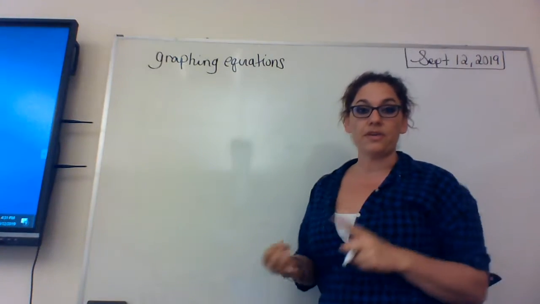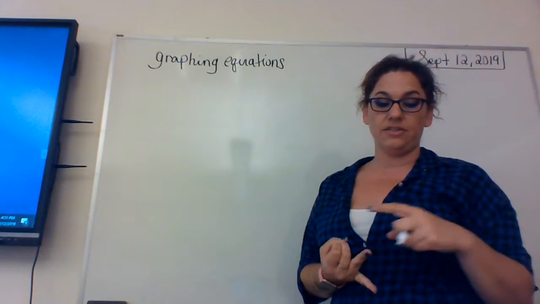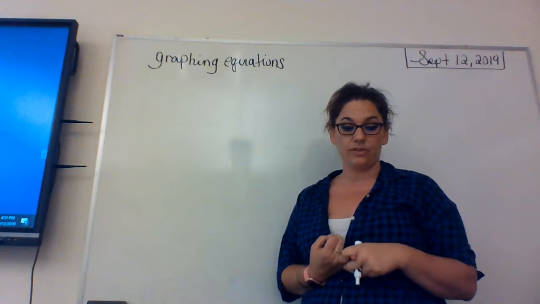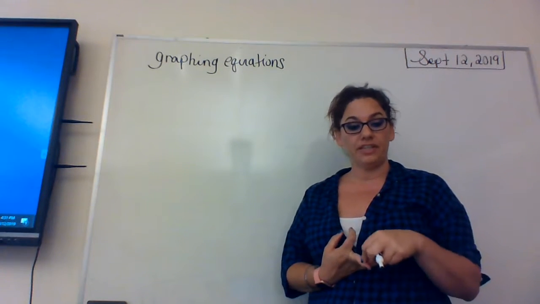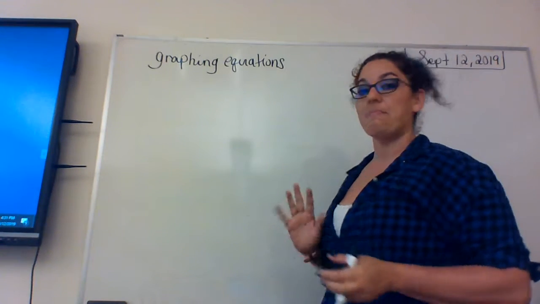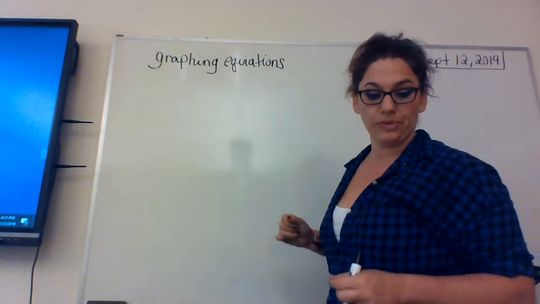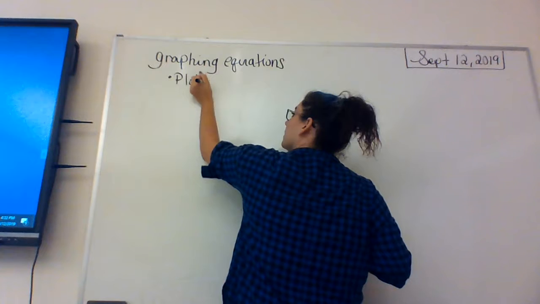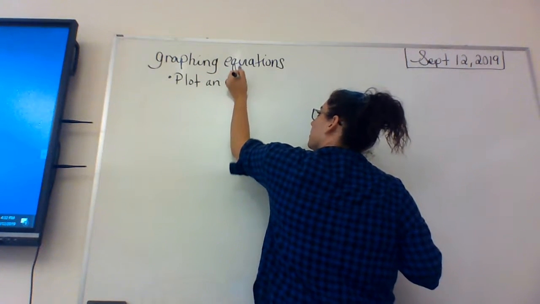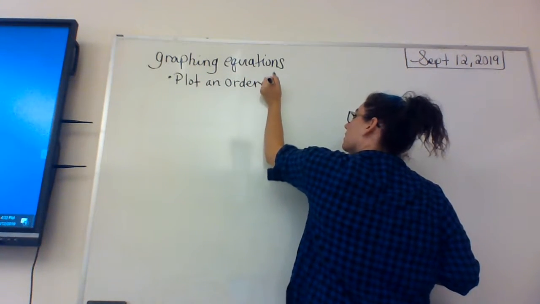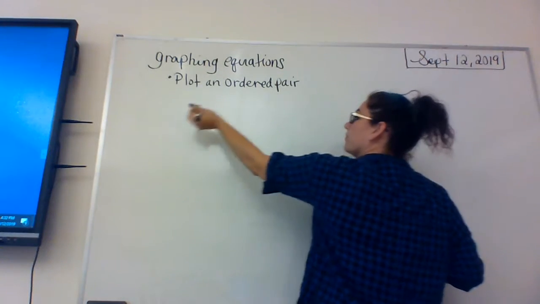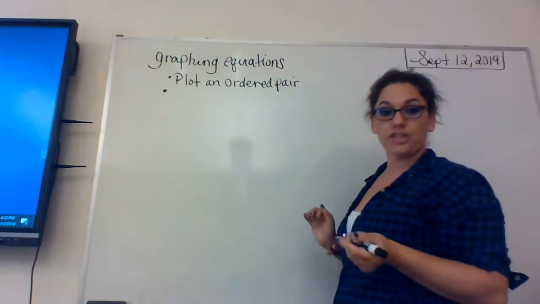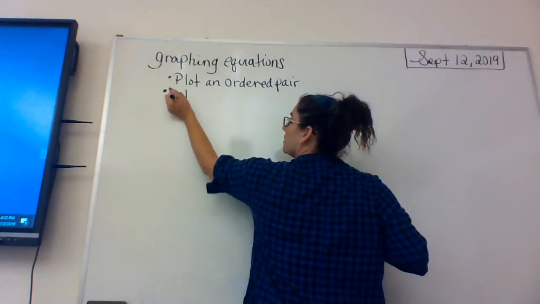And what we're going to be focusing on is how to plot ordered pairs, determine if an ordered pair is a solution, graphing a linear function, and we may get to graphing nonlinear functions. We'll see. So we're going to plot an ordered pair. We're going to determine if it's a solution.